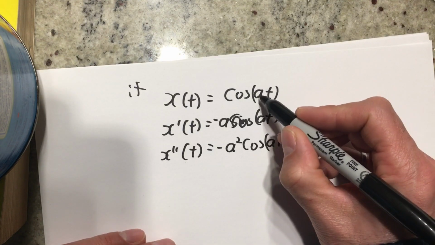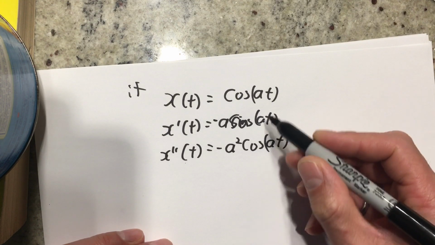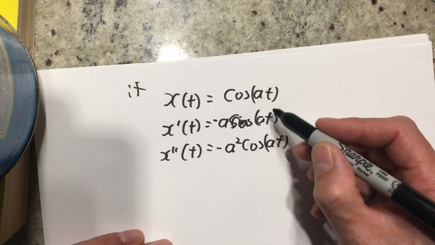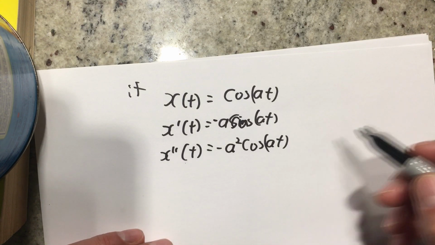So if we multiply time by some constant number, when we take the second derivative, we will end up with the negative of the square of that constant times time.